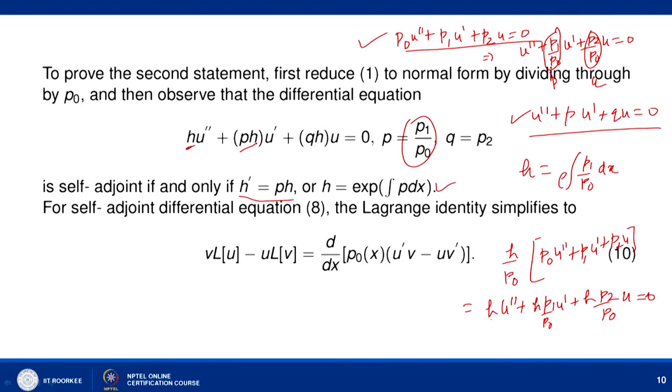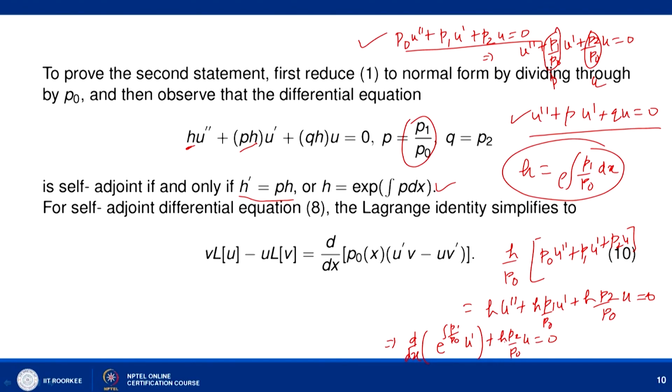So if h is this, then this can be written as d by dx of exponential of the integral of P1 by P naught times u dash, plus this h P2 by P naught u equal to 0.